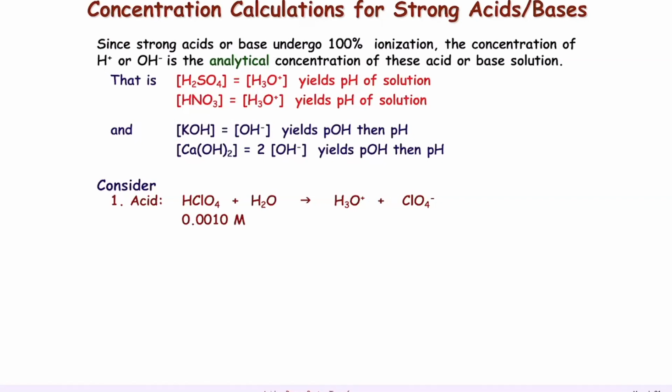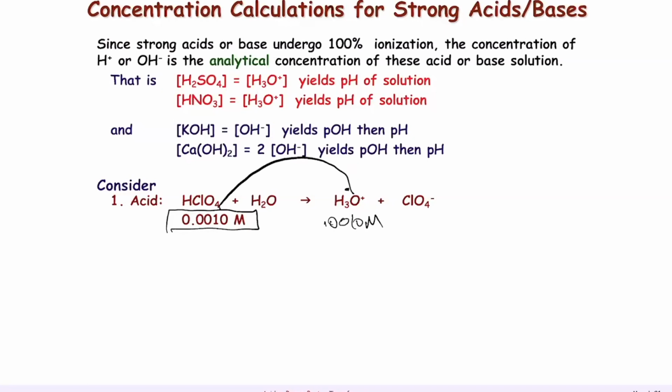Why? Because you don't have to work very hard to figure out what the pH value is, to figure out what the hydronium ion value is. If you've got a 0.0010 molar perchloric acid, then your hydrogen ion is also 0.0010 molar. That's just by definition because it's a strong acid.